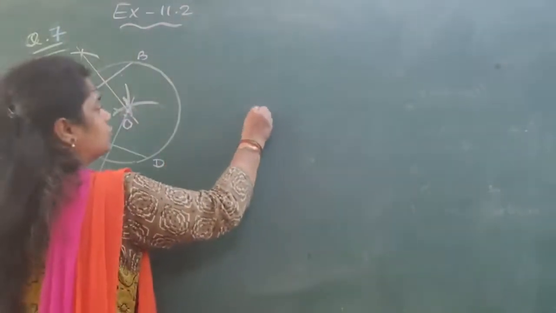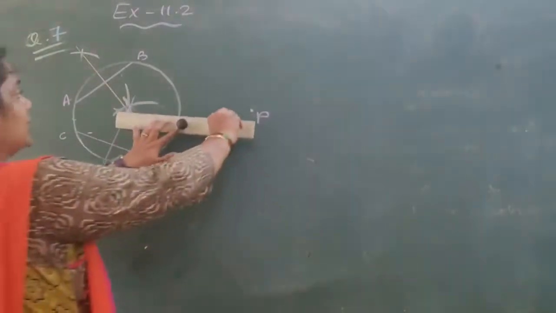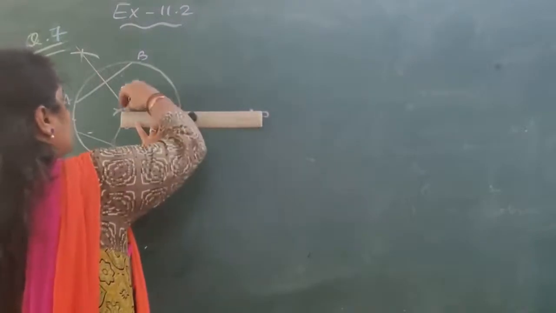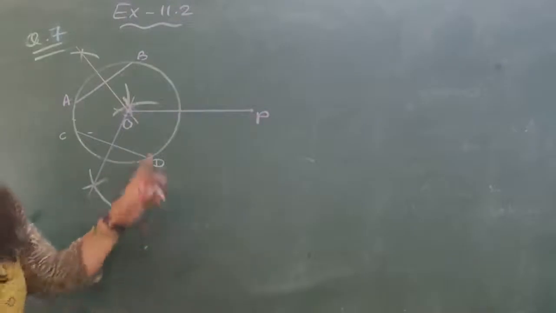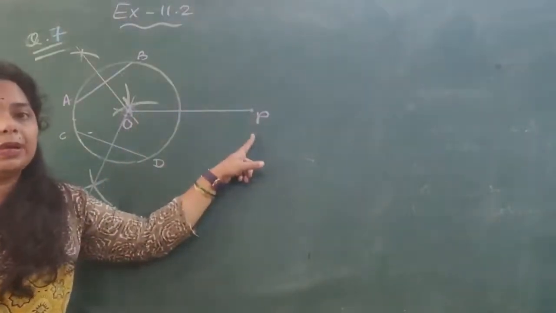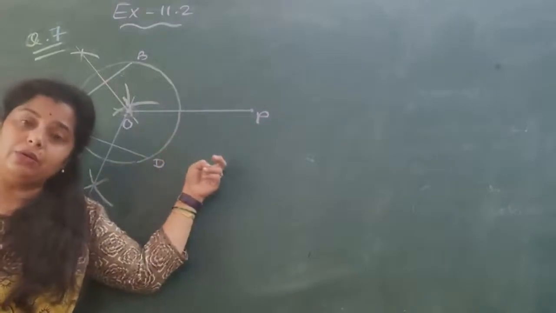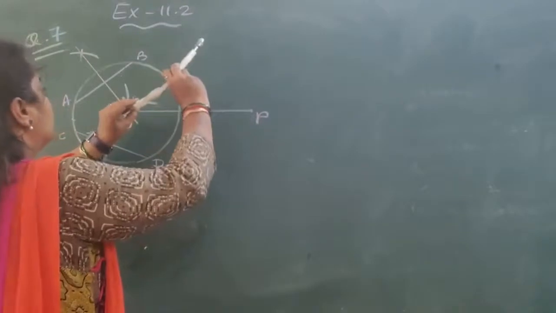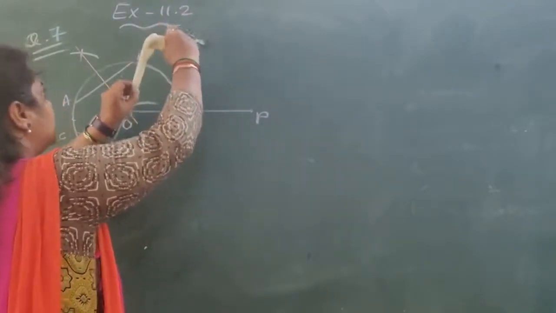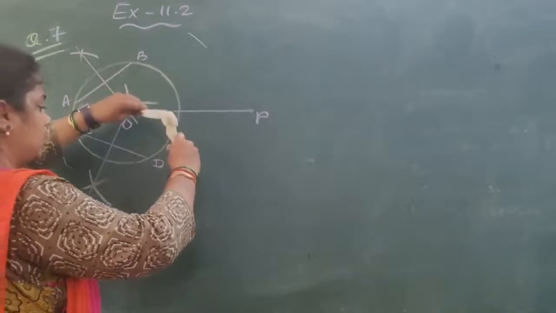Now the second step is to take any point outside. So let P be a point which is outside of the circle. Now the next step is to join OP. Again, to get the tangent we have to draw a perpendicular bisector of OP. So for that, more than half from center O in the upward direction and downward direction.